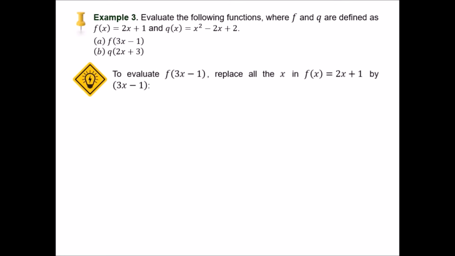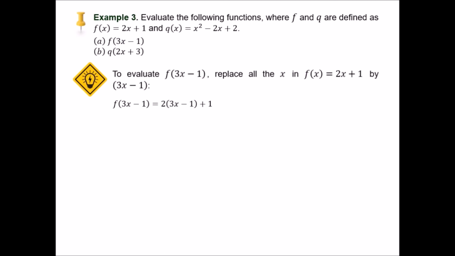To evaluate f of 3x minus 1, we replace all of x in the given function f of x by 3x minus 1. Let's write first the original function, f of x equals 2x plus 1. From here, we replace all of x by the expression 3x minus 1. Resulting in this expression, on the right-hand side of this equality, we have 2 times 3x minus 1 plus 1.